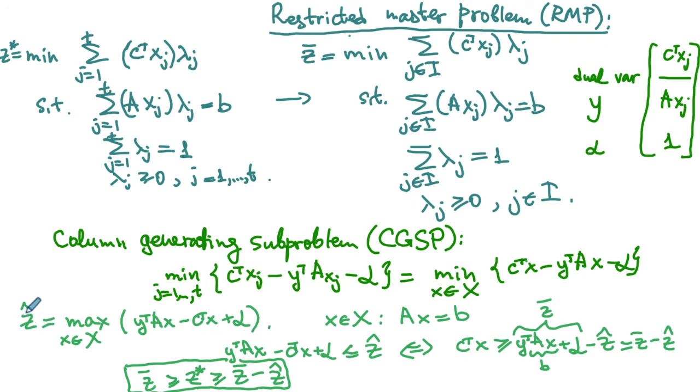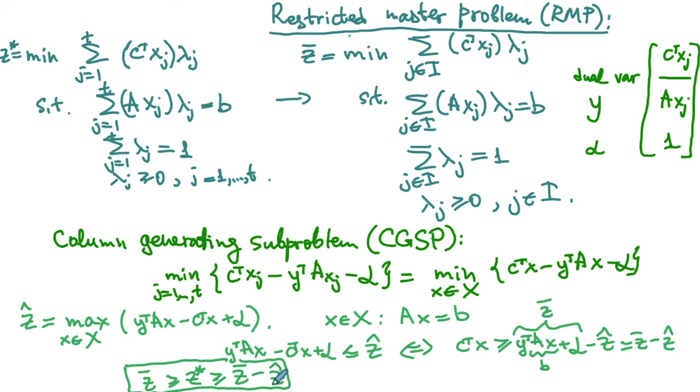So here we actually consider a maximization version of the restricted master problem. Also, we use this z hat value to obtain an estimate of the optimality gap at the current iteration of the Dantzig-Wolfe decomposition. We have shown that the optimal objective value for the original problem given by z star is sandwiched between z bar minus z hat and z bar, where z bar is the optimal objective value for the restricted master problem at the current iteration, and z hat is the optimal objective value for the column generating subproblem restated as a maximization problem.